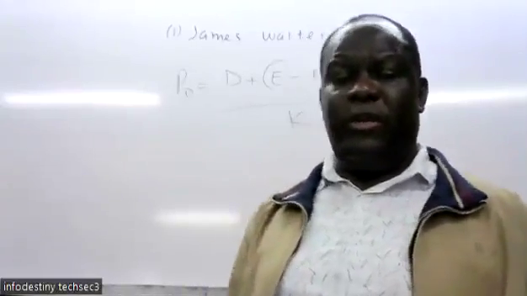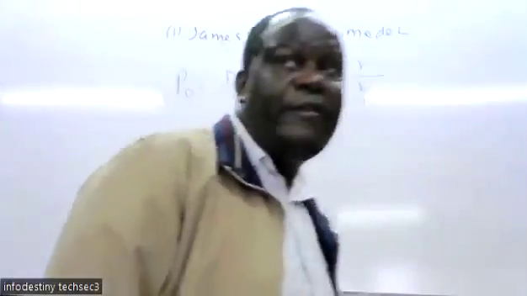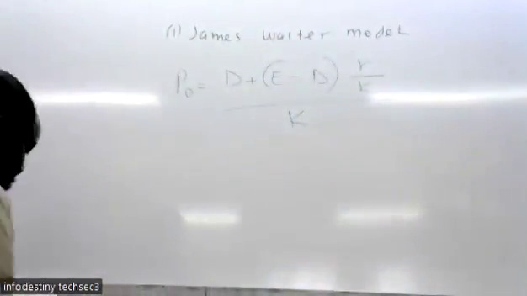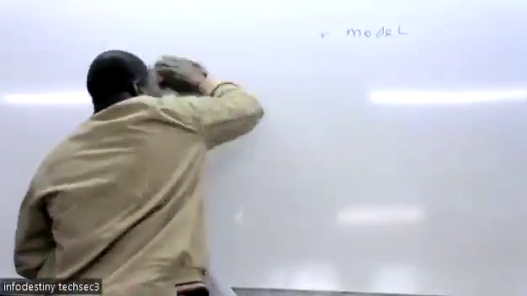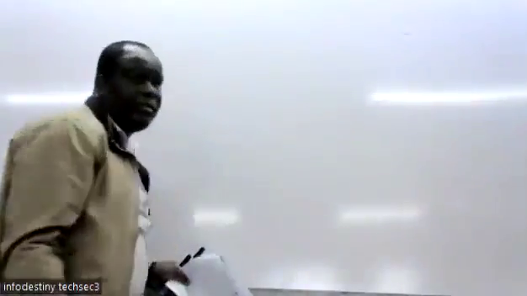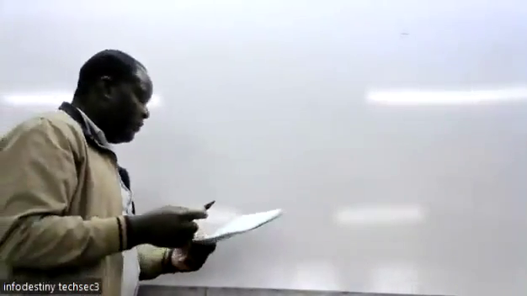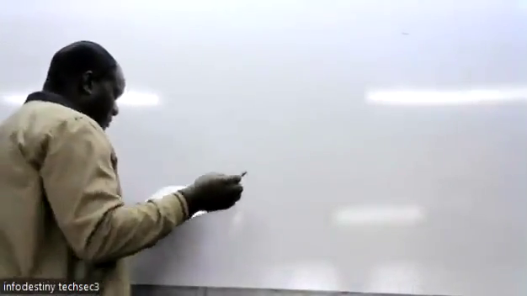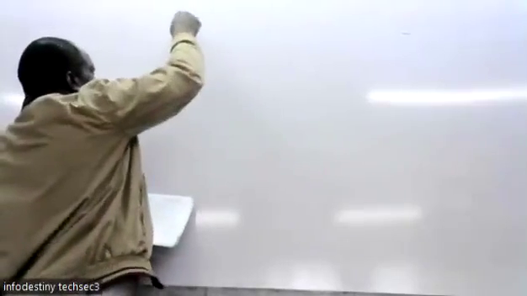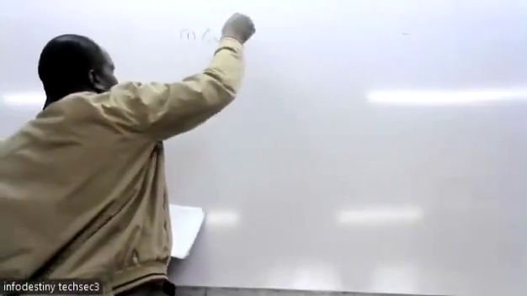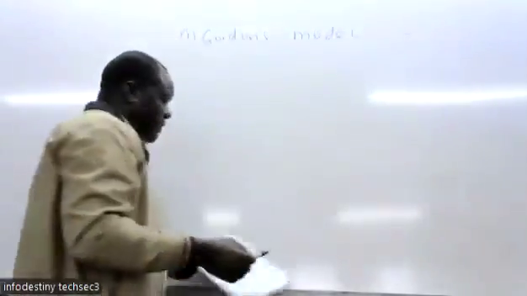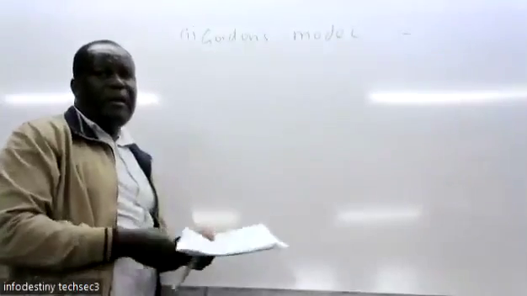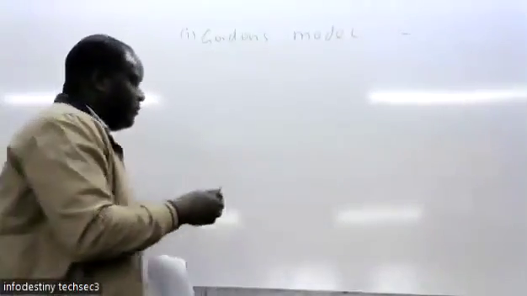So Gordon, we already know how to get the value of the share when we apply the Gordon model. We can start with Roman letter 1, the Gordon model. When you apply the Gordon model, remember P0 was the price of the share.